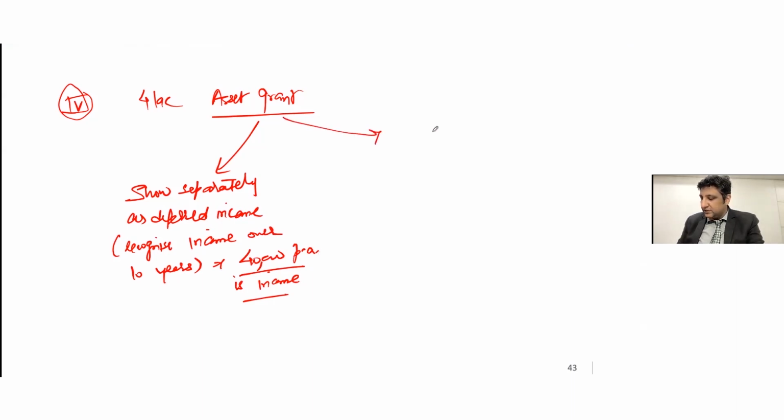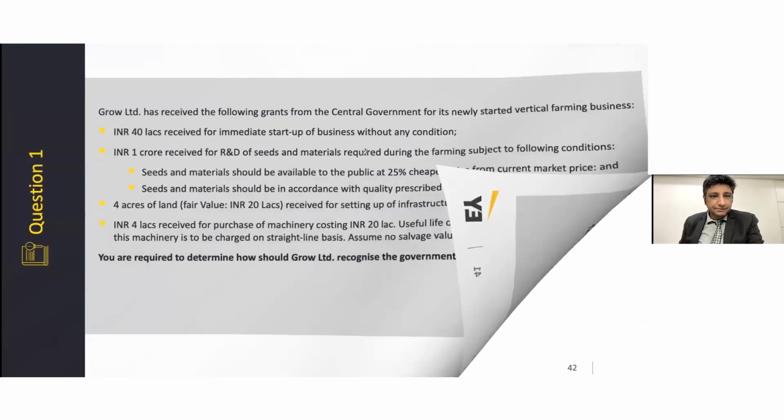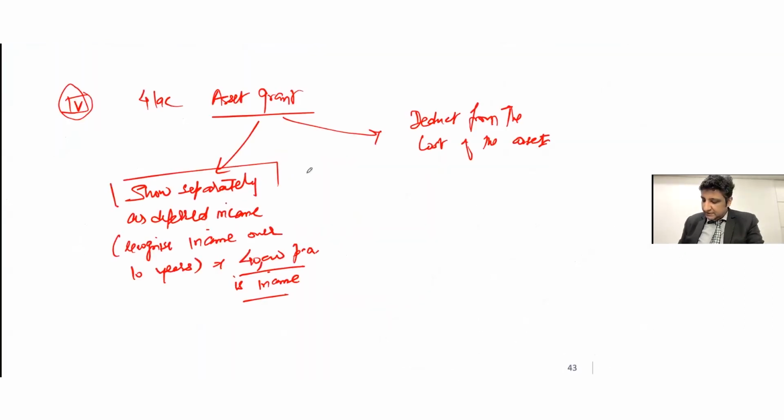Alternatively, you have a choice to deduct it from the cost of the asset, right? In the first case, the asset will be shown at its original cost, which is, by the way, 20 lakh rupees. So what we are allowed to do as a choice is that the asset will be shown at 20 lakhs and the grant is shown at 4 lakh.